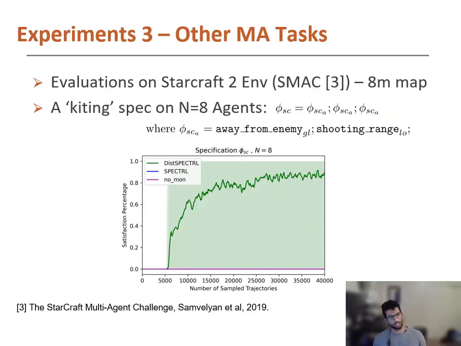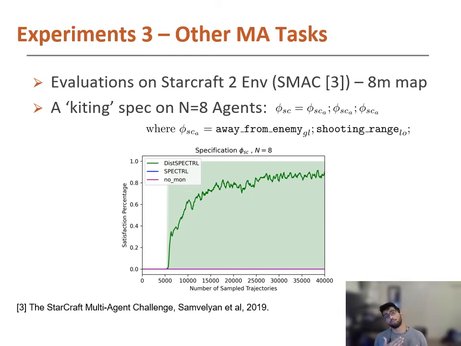And to show that this framework is more general, we also consider a StarCraft environment where we define a kiting specification. Kiting is sort of like moving close to an enemy and shooting it, and then moving away, and then repeatedly doing that. So here the specification phi-SC does it 3 times, where all 8 agents move away from the enemy in a global fashion, in a synchronized way.